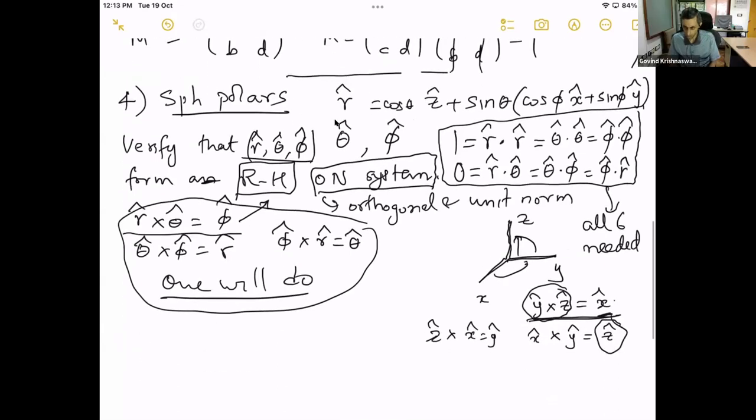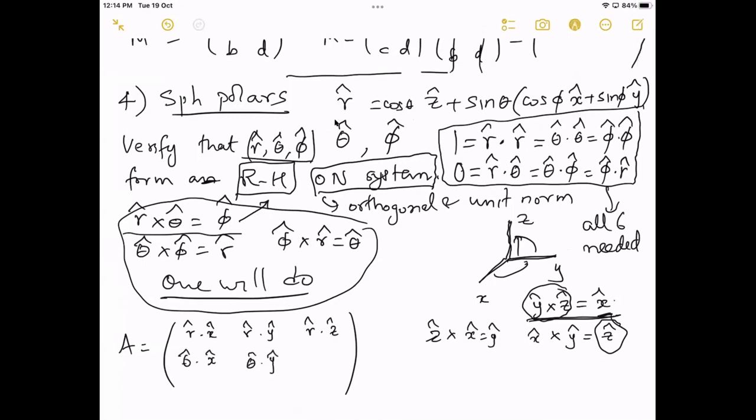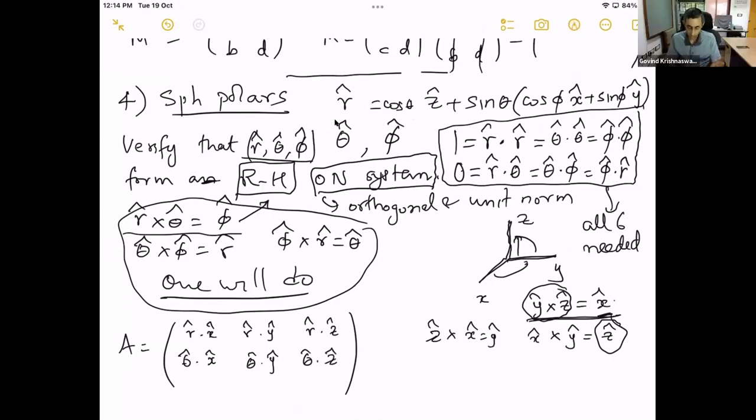So that was Ripunjay. Yes, you can form a matrix A whose entries are r hat dot x hat, r hat dot y hat, r hat dot z hat. Correct me if this is not what you meant. Is this what you meant? Yes, sir. And then this is orthogonal. Exactly. So you can form such a matrix where the entries of the first row of A are the components of the r hat vector in the XYZ system, and so on for the second and third rows.